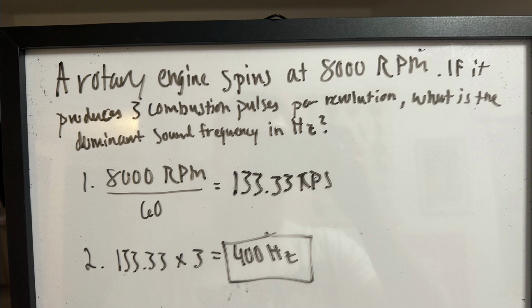So with some simple calculations, we can convert RPM to RPS, which will equal 133.33 RPS, and if we multiply by 3, the pulses per revolution, we get 400 hertz. So this is a high frequency, which explains why rotary engines sound like a buzzing bee compared to a piston engine, which is like a rumble.